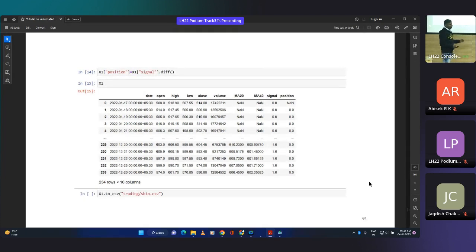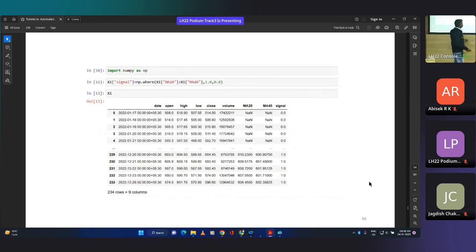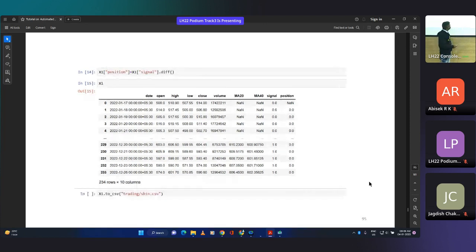When there is a transition from 0 to 1, that is, the first value is 0 and the second value is 1, it means the smaller moving average is crossing the larger moving average. If it is 1 to 0, the smaller moving average is crossing the larger one from the top. So I took the difference, each value minus its previous value. If it is +1, I will buy. If it is -1, I will sell.